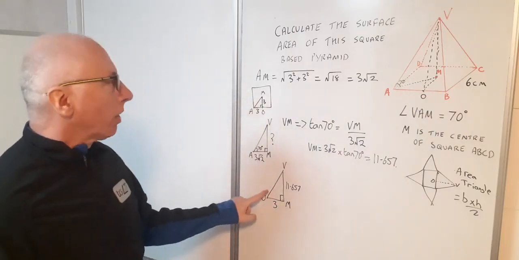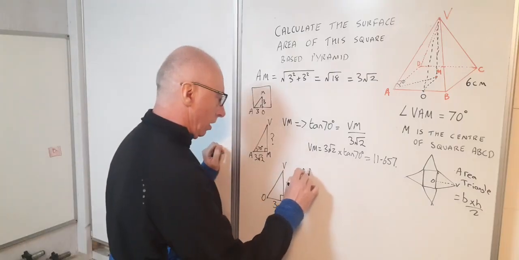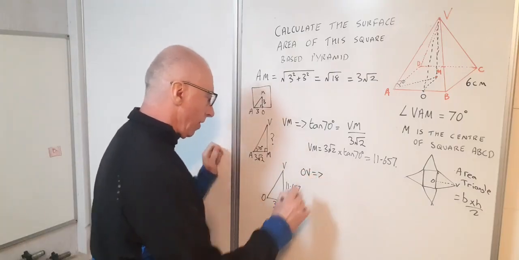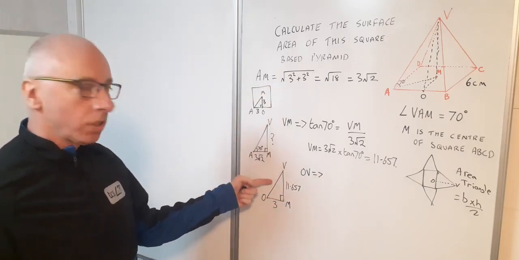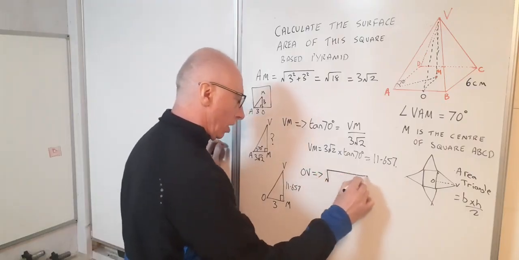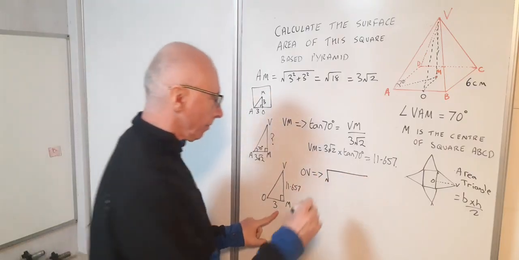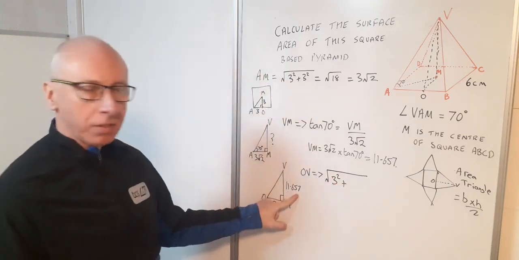So now I need to calculate OV for my slant height. So OV, how are we going to calculate that? Well, as I've got 2 sides of a right angled triangle, just need my hypotenuse. So that's going to be square root of 3 squared plus 11.657 squared.